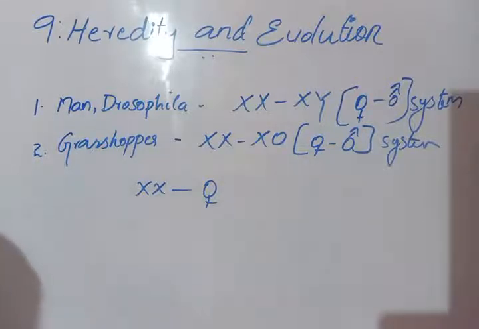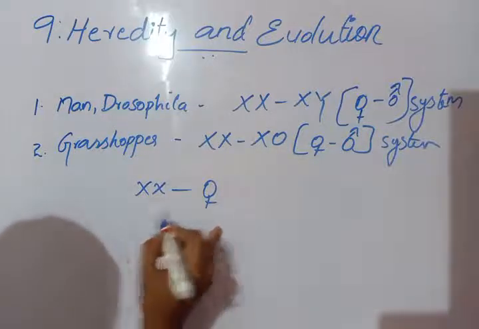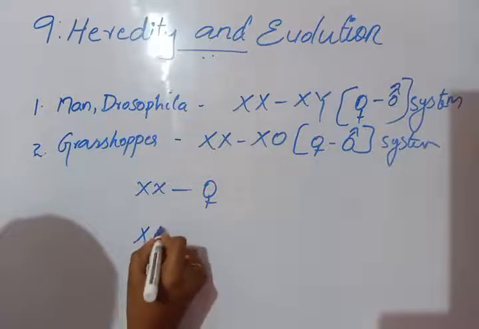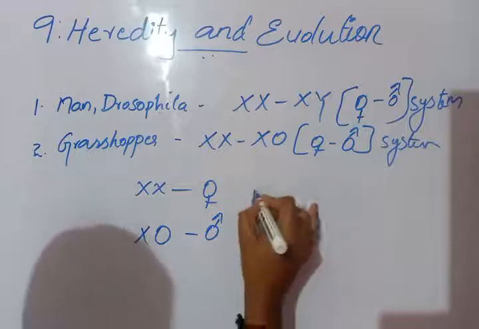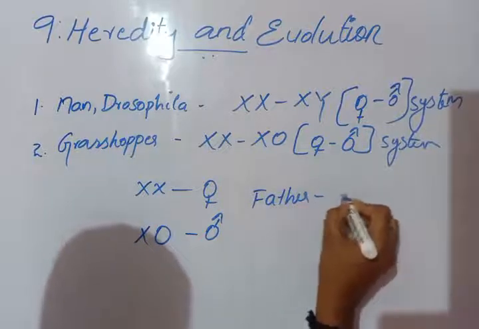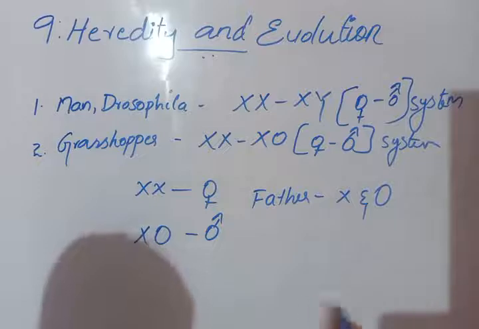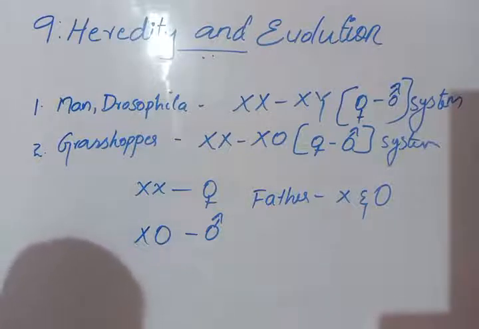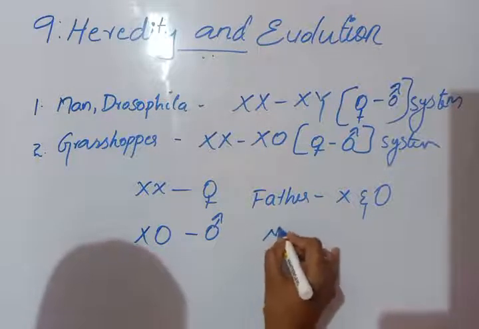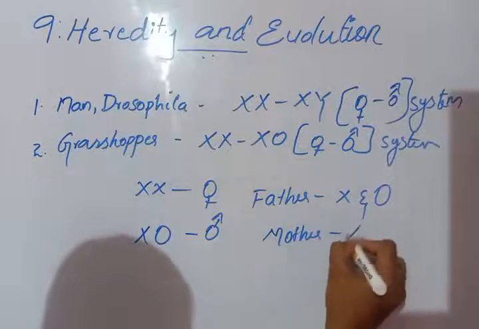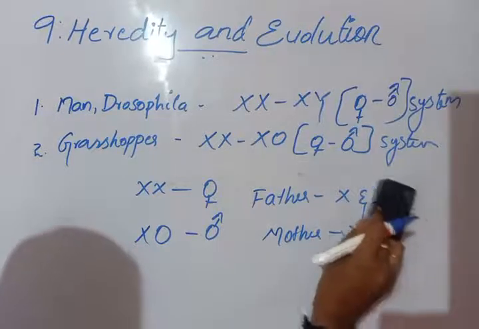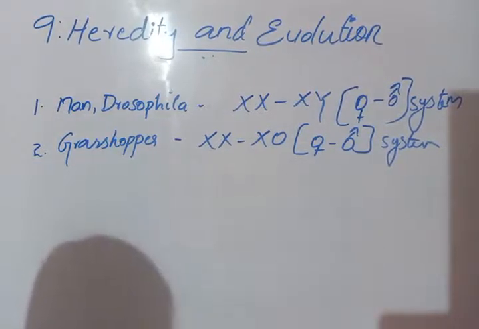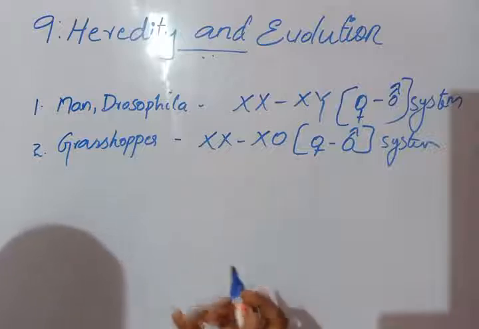If a child has both XX sex chromosomes, it will become female, that is a girl child, and if it is X0, it will become male. So the father may have X and 0 chromosome. 0 means there is no sex chromosome, and the mother has both X chromosomes, so it will contribute only X chromosome. So if fertilization happens, there is equal chance to become a girl as well as a boy child.